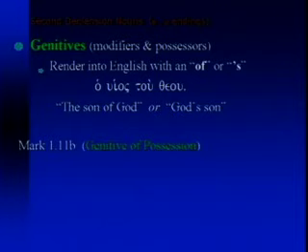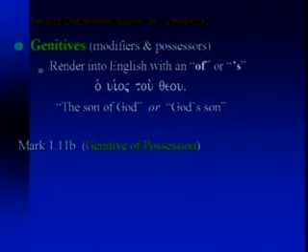In this particular instance, notice how God is in some way possessing the noun that it modifies. It qualifies it. It gives you further information as to how it relates to the head noun there. It's the Son of God, or it's God's Son. That's the way the genitive case functions.